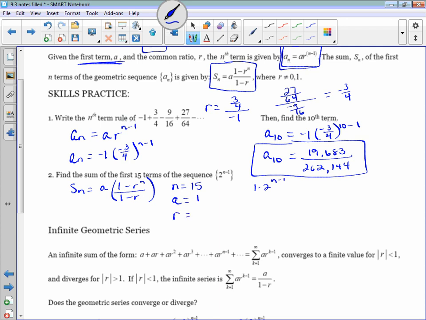And then what is your r? 2. Okay. So we just have to plug those pieces in and evaluate it. So S sub 15 equals 1 times 1 minus 2 to the 15th over 1 minus 2. Again, I would like sort of not a fraction at the end, so let's just see what you get.